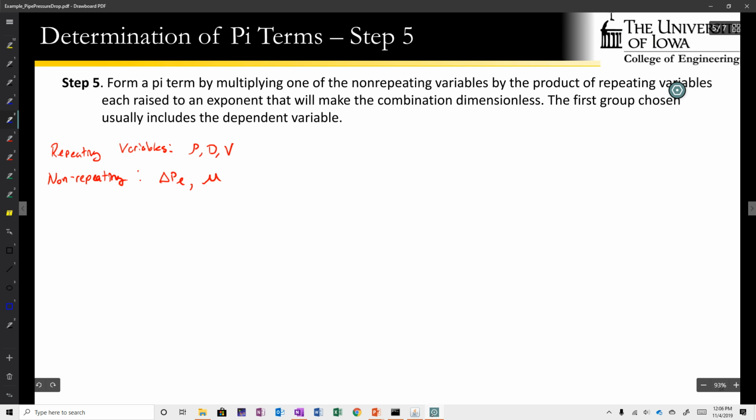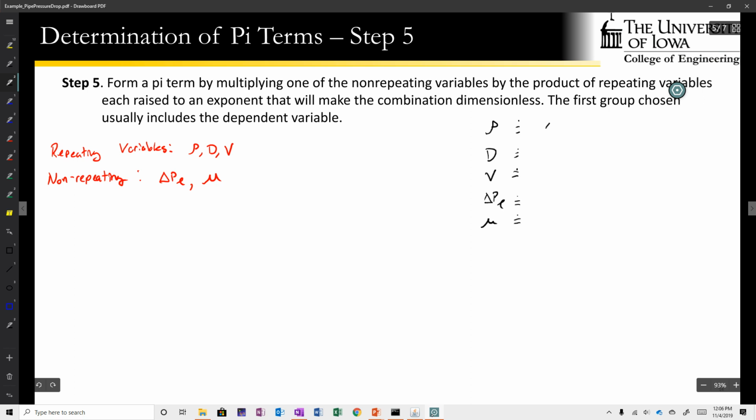So let's make a little column, and this chapter is all about basically bookkeeping; organizing the way you arrange your work is going to make things easier. Let's quickly rewrite rho, D, V, delta P sub L, mu, and rewrite the dimensions for each of these.